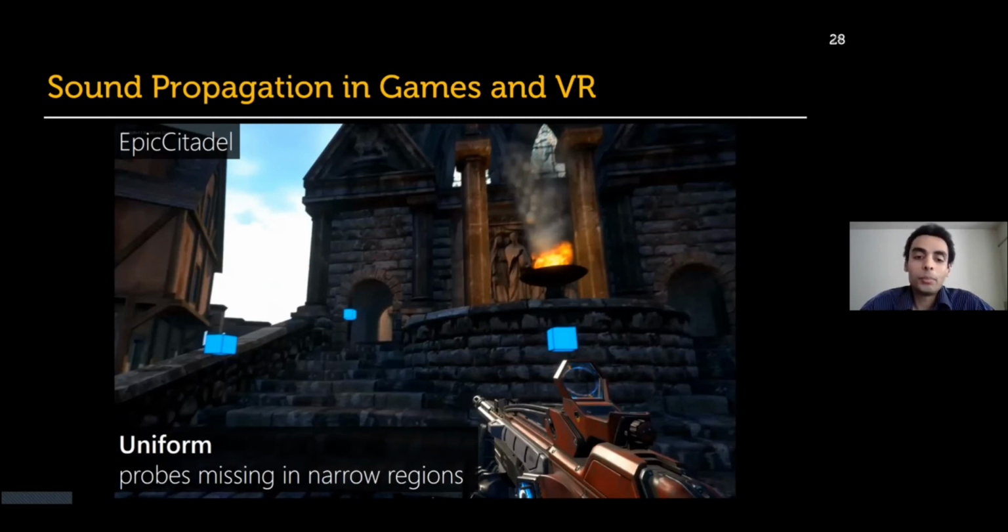We use pre-computed systems to perform the expensive transport simulation offline at a sampled set of probe locations, shown here as blue boxes. At runtime, the acoustic parameters from these probes are interpolated to the player. Here is a demo of one such system.